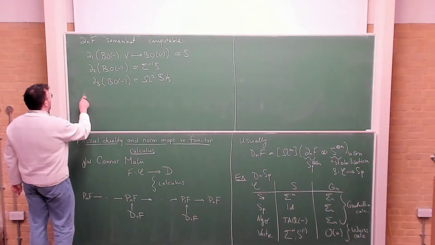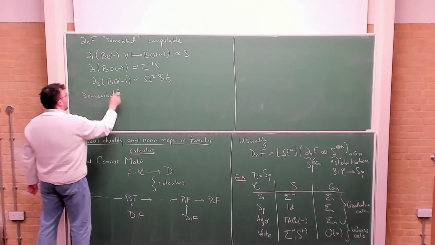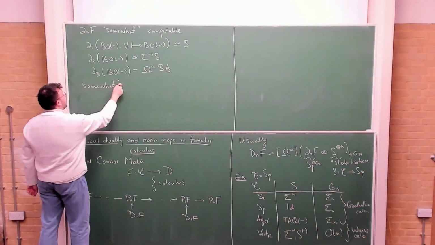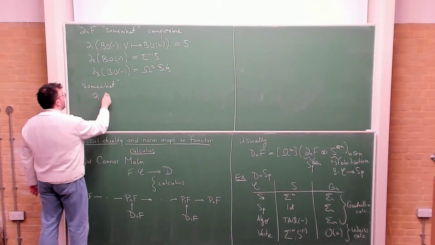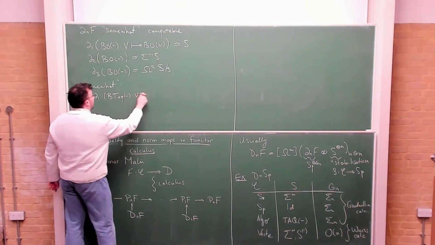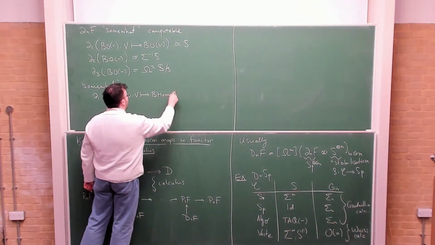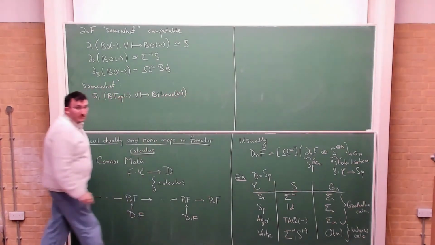Okay, so what does somewhat mean? Let's look at, for example, the first derivative of BTop. Here I send a vector space to the classifying space of homeomorphisms of that vector space.